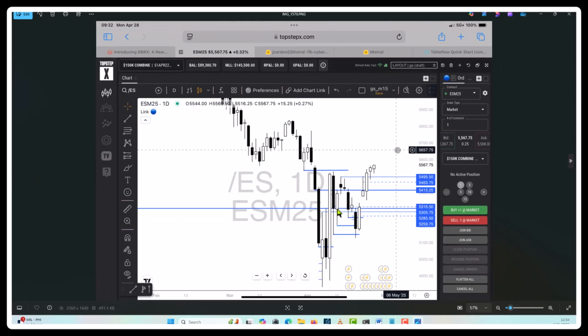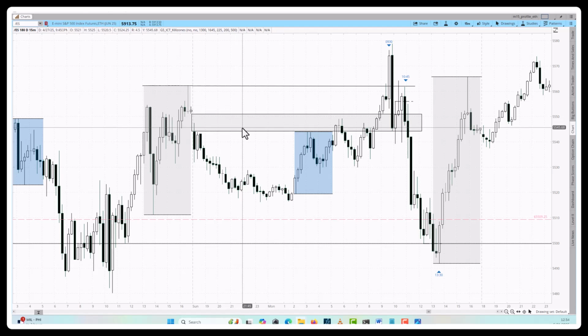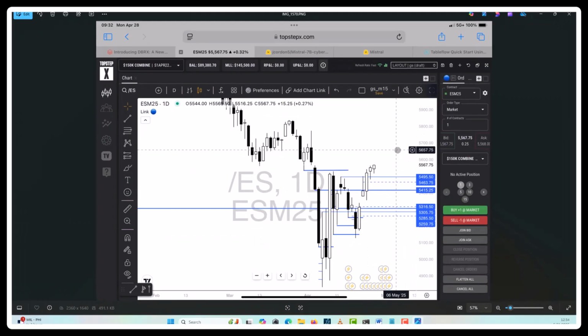Okay, so by the way, we chart and we study on the Thinkorswim platform, but we take our trades on Top Step, because that's where we sign up for our channel right there. So it's the Top Step. It's at 8:32.